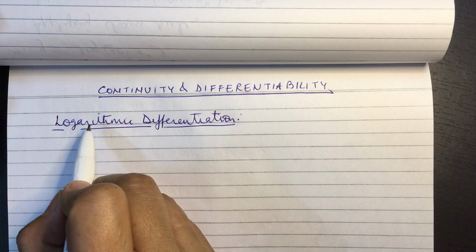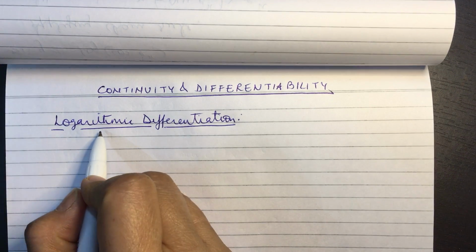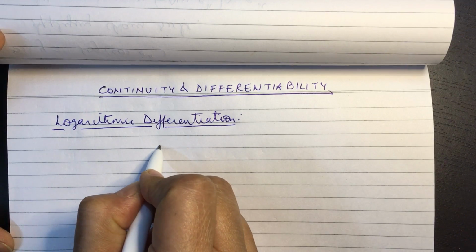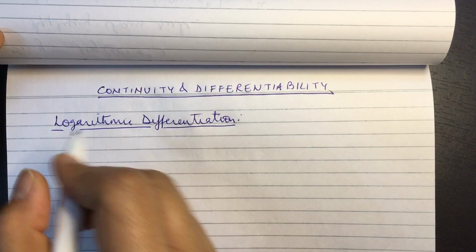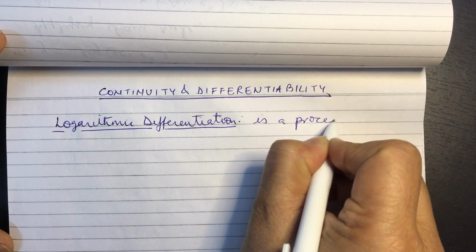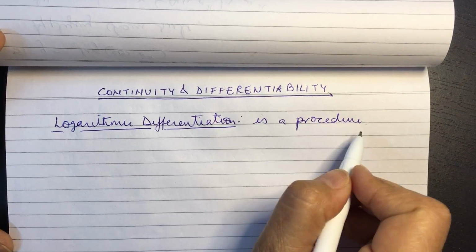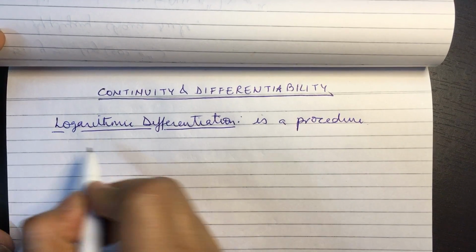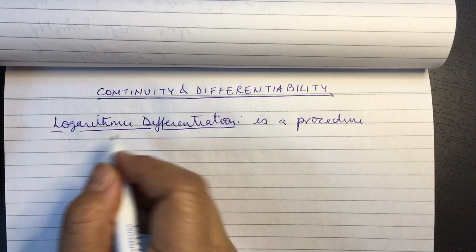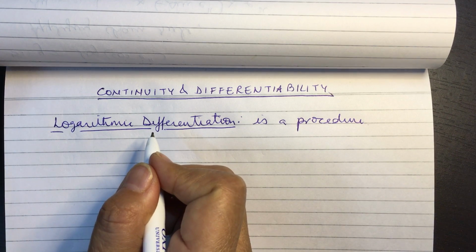Over there, the derivative of the log function was 1 upon x, whereas logarithmic differentiation is a procedure which helps us find the derivative of composite functions with ease.